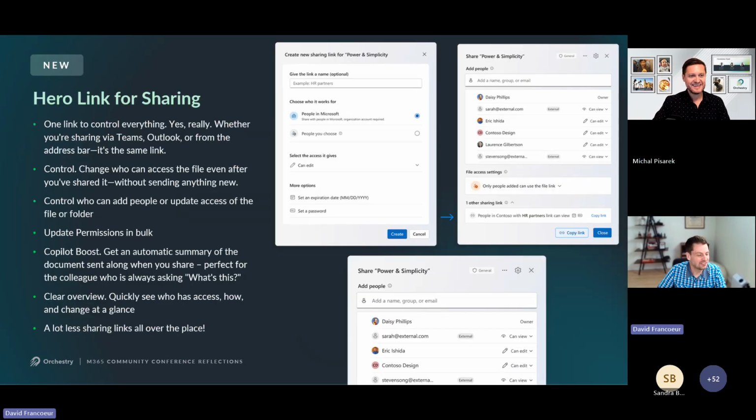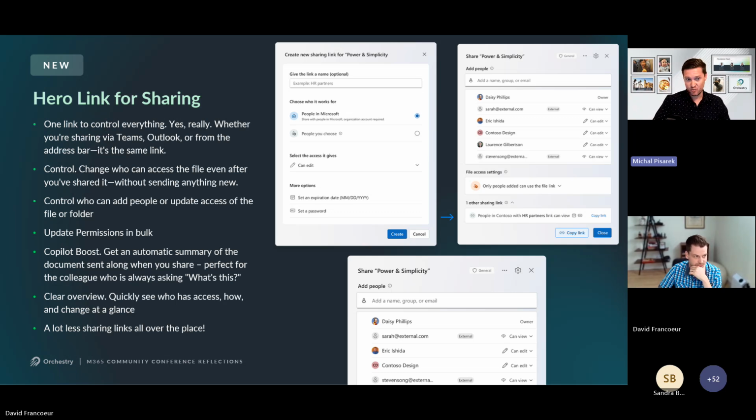I don't think we'll talk about this in depth, but we do hear there is an announcement from Microsoft around what they call a hero link, which is coming. Yeah, this is new. This was announced at Build because of the sharing links craziness that was happening, where you've got a different sharing link for different things, and you can have one document with like 50 different sharing links on it. There is a new concept they're going to introduce called a hero link, which is essentially one link, and depending on who has access to it, it's going to work a little bit differently.